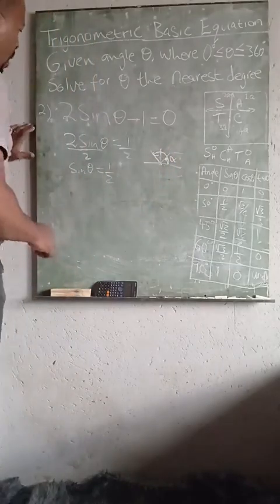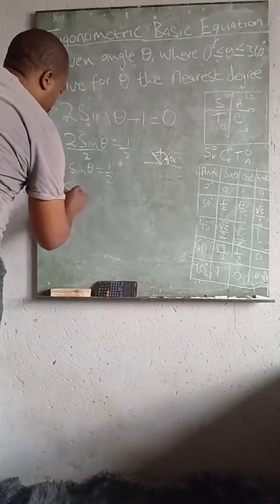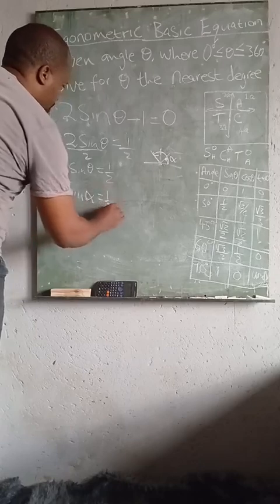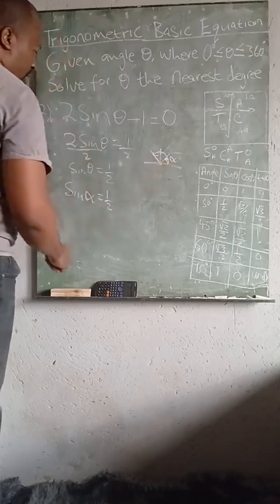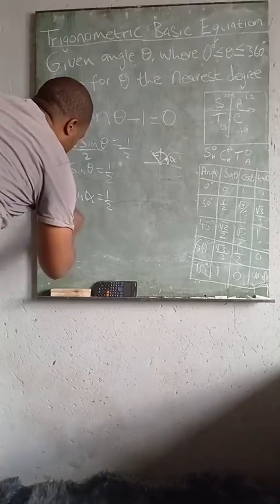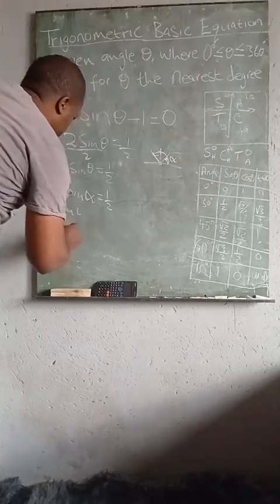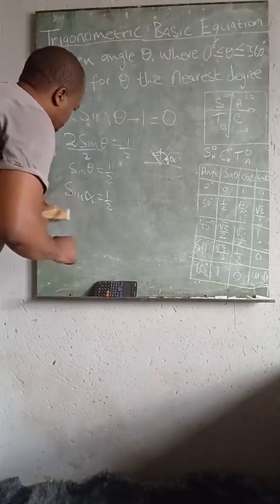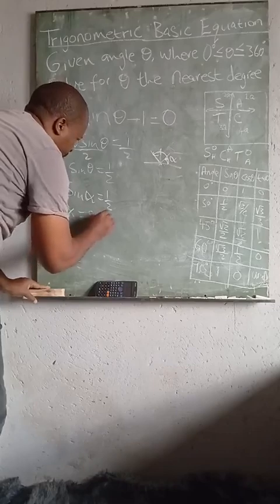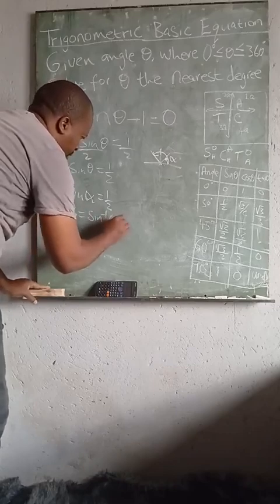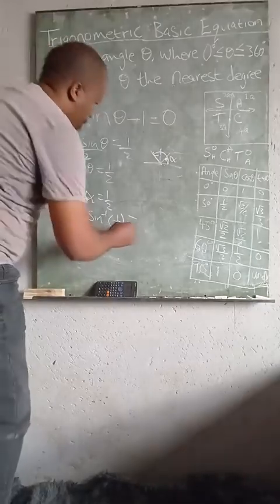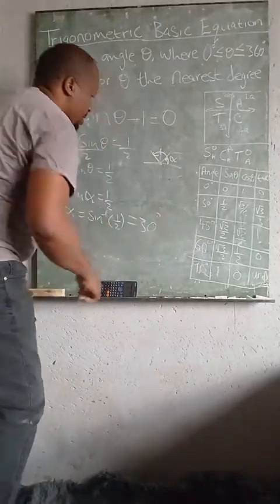So let us solve for our alpha, which will be sine of alpha is equal to 1 over 2. Remember, we said the reference angle is always positive. So alpha is going to be the inverse sine of 1 over 2, which is equal to 30 degrees.